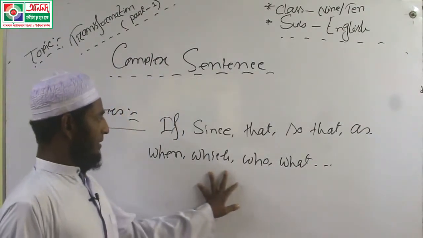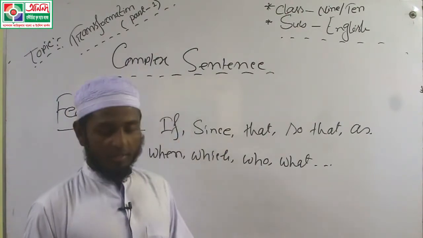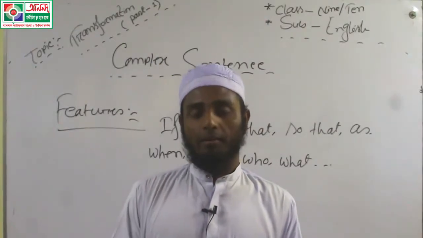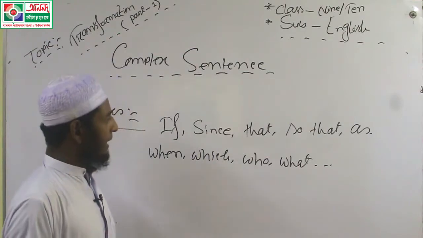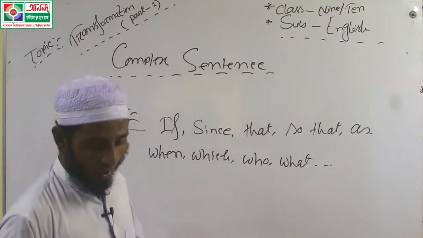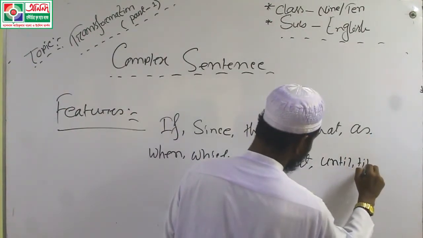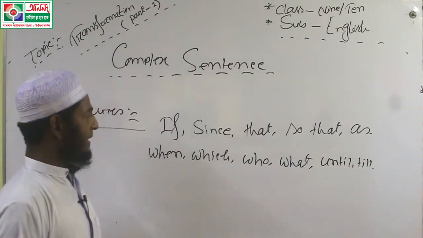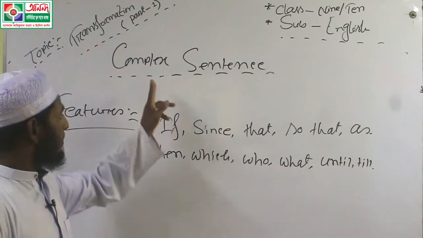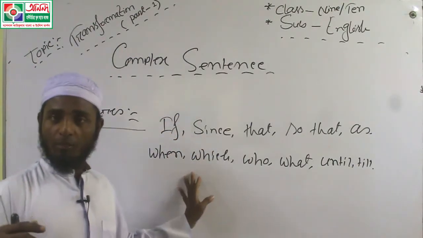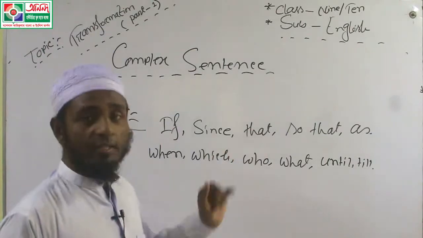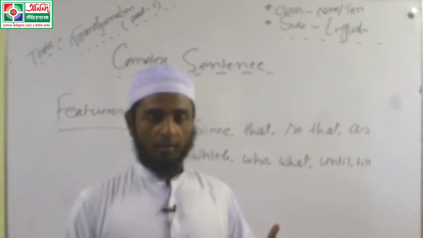This is the WH question. Also until, till. These are the features of a complex sentence. When you use a complex sentence, you have to use these features.